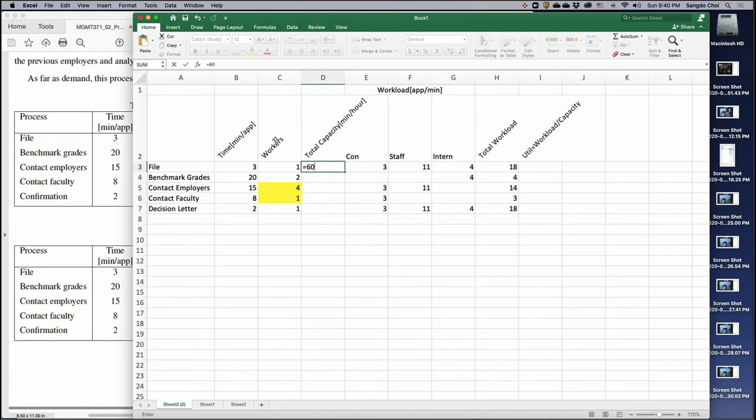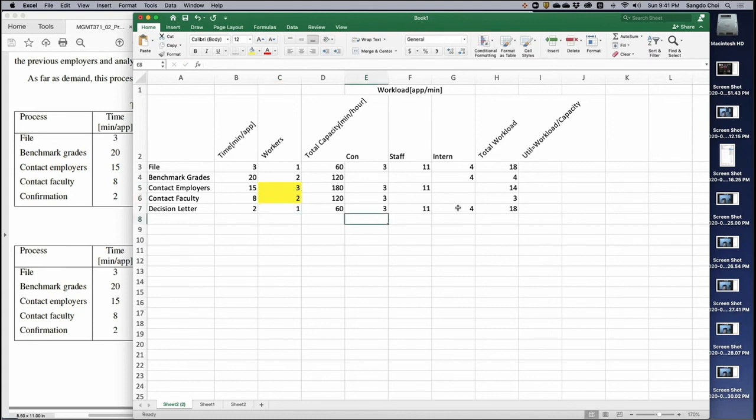If they have 1 person, then 60. If you have 2 persons, then you can use 120 minutes. So in this case, your total capacity in time units per hour is the number of workers multiplied by 60 minutes. That is total capacity, right? Originally it was 3 and 2.